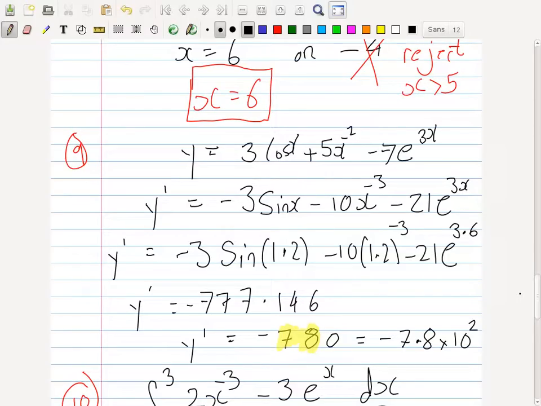But I think at the exam you have to put a symbol, right? Oh yes you do, but we're just checking to make sure we got it right. And then a minus 7e to the power 3x. And x here is equal to 1.2. Minus 777. So I know that this is right also.